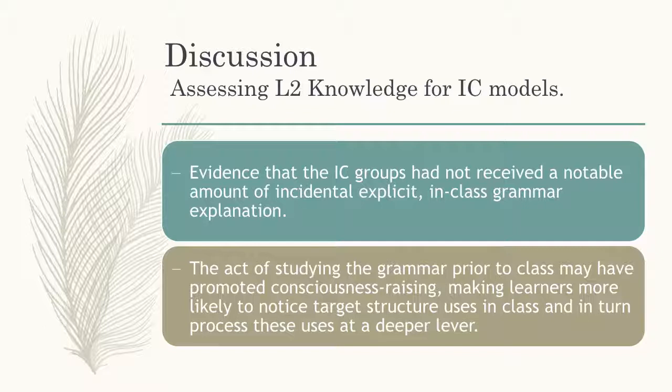To measure the metalinguistic knowledge, they used the definition task, the one where they had to explain the grammar points of se in their own words. Then the explicit knowledge was measured with the grammaticality judgment test, the one where they had a sentence and they had to say if that sentence was grammatically well formed or not.